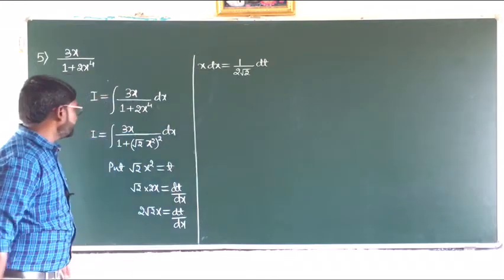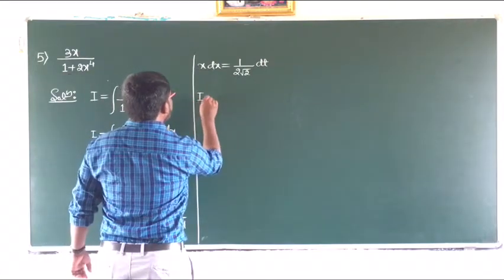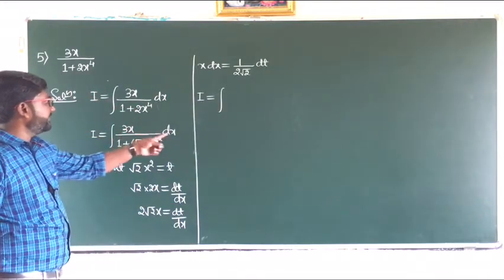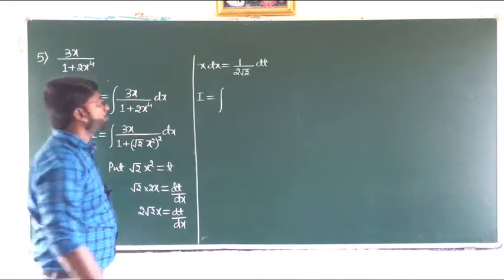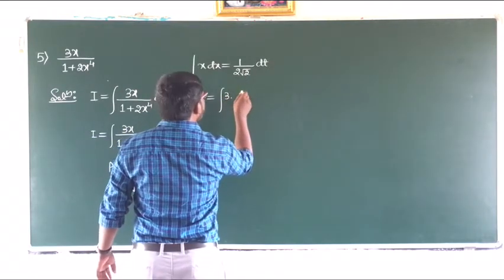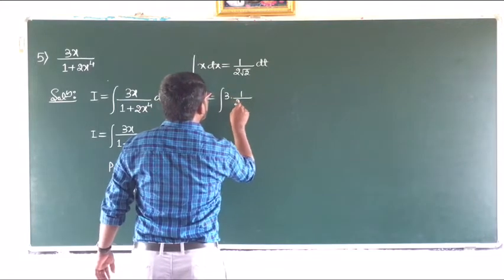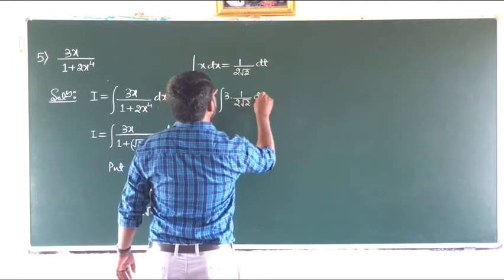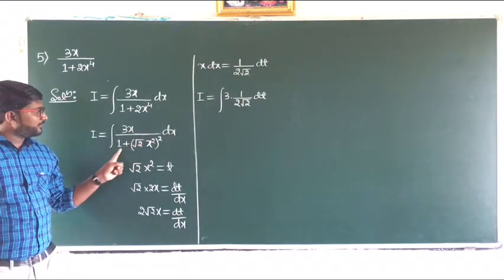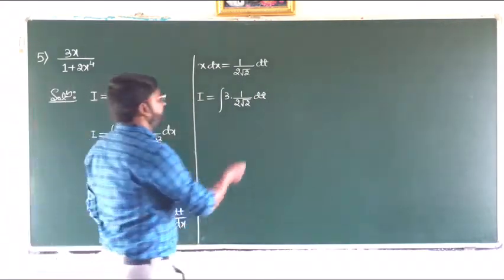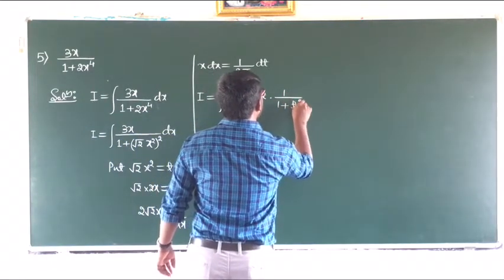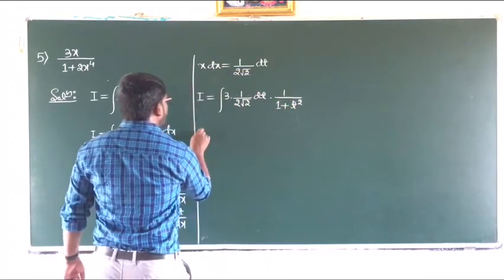So rewrite the integral I, which is equal to integral. x dx can be replaced by 1 by 2 root 2 dt. So 3 I write as it is, then x dx will be 1 divided by 2 root 2 dt, then we have 1 divided by 1 plus t square. Now rearrange the terms.